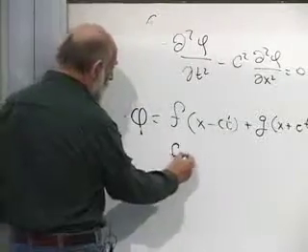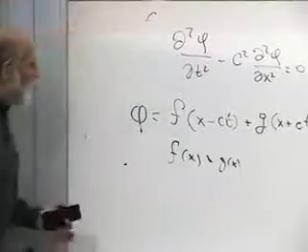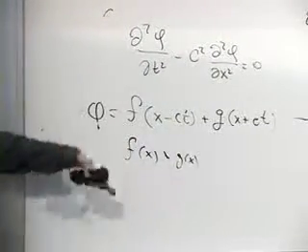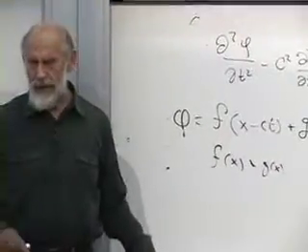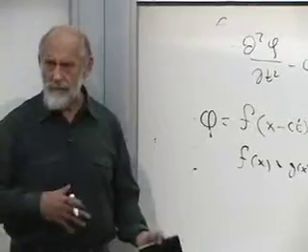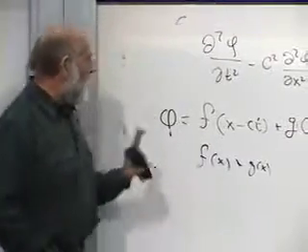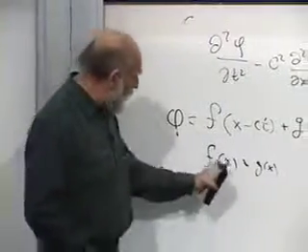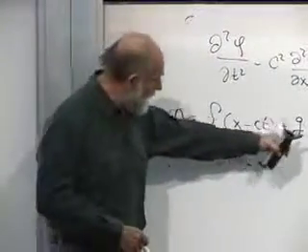Here it would be f of x plus g of x. How do I know that some piece of it is right moving? How do I know how to divide this up, this is just, the sum of these two is just some function. How do I know how to divide it up into left moving parts and right moving parts? Well, if I also tell you what the time derivative is, then knowing both the function and the time derivative allows you to break it up into the two parts like that.